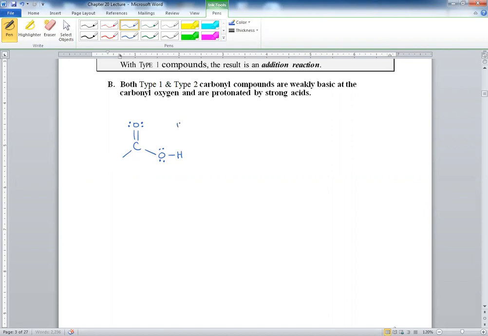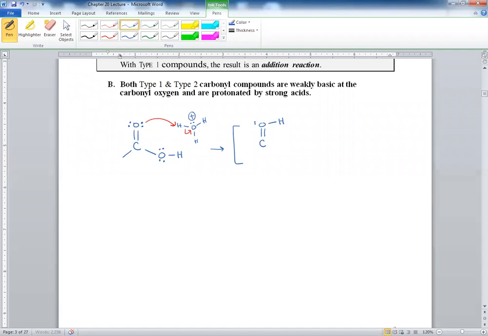So if we have an acid, then again, a proton is attacked by the lone pair on the carbonyl oxygen. And you end up actually with some resonance structures. But first, let's actually draw this.